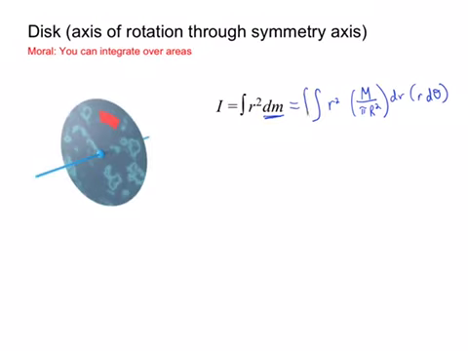Because of that, we will have to integrate twice. One integral will be for dr, the other is for d theta.